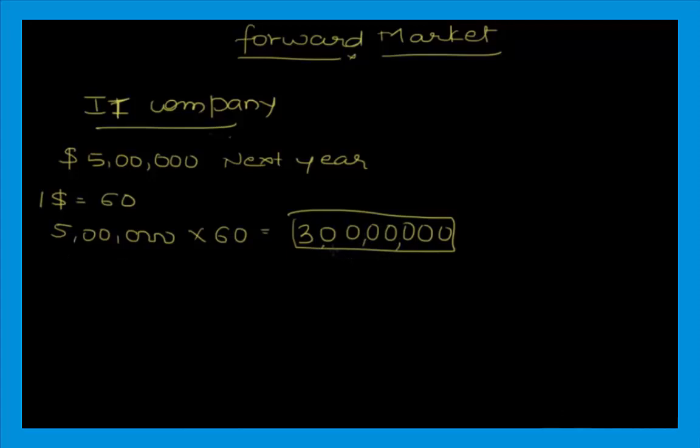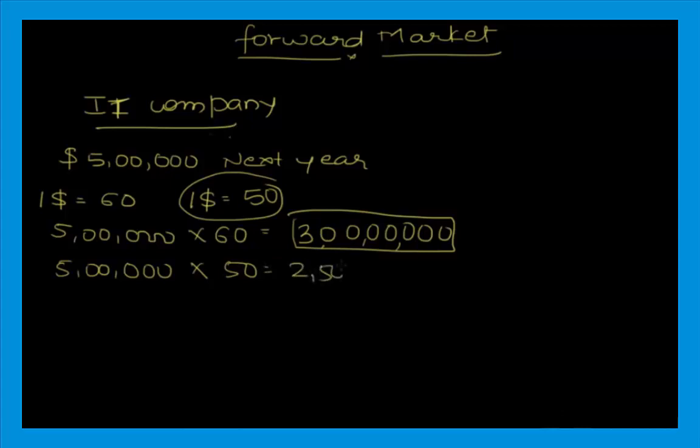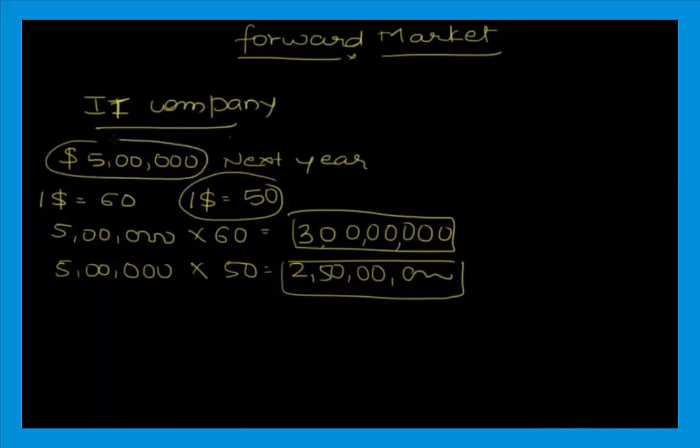You have a fear that tomorrow, if this $1 falls down to 50 rupees, instead of 30 crore, you would receive only 25 crore. Which means that though your business is stable and you are supposed to receive the amount of money that you are actually supposed to receive, which is $5 million, the currency fluctuation could spoil the party for you.